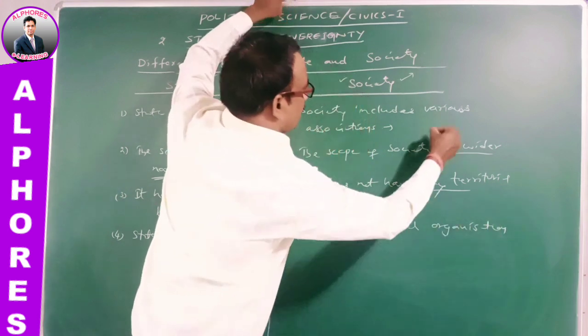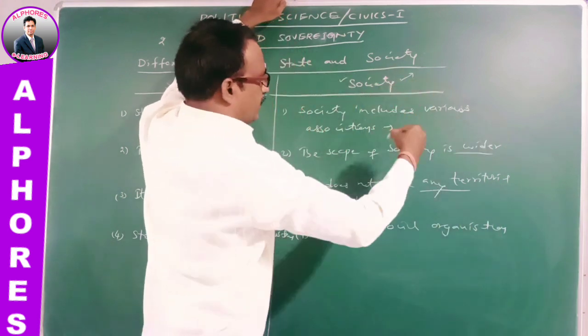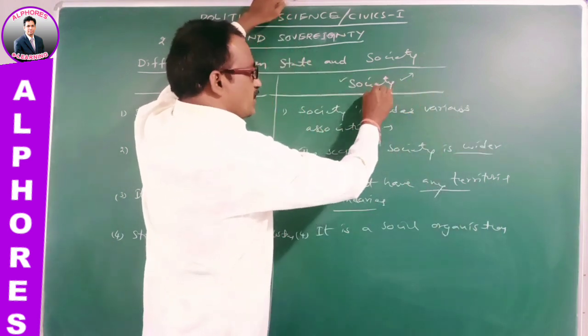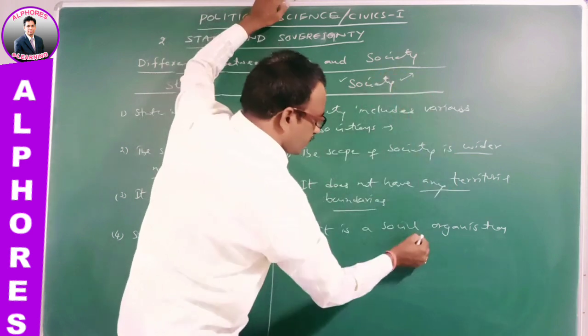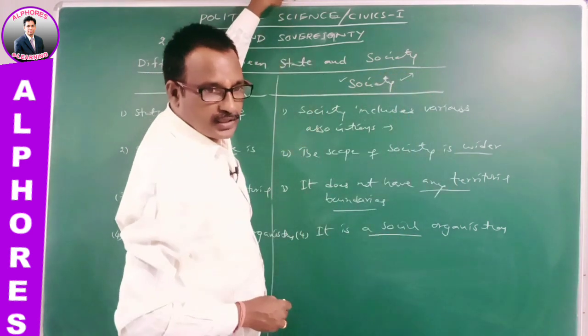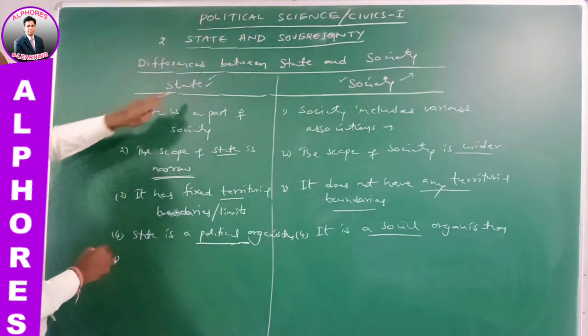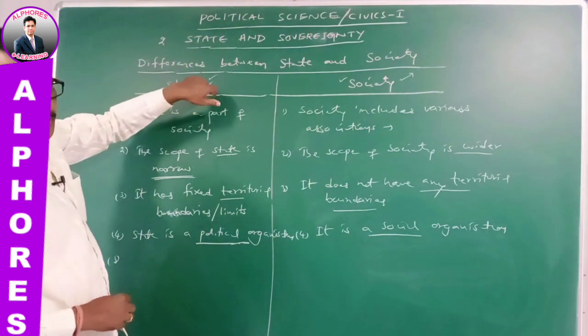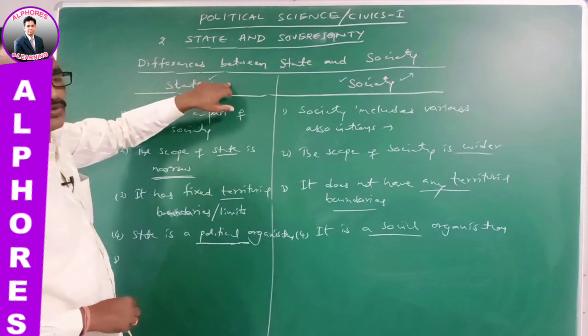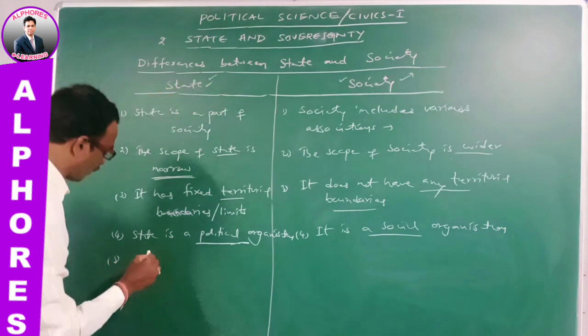Even though there are different types of associations in society, generally its nature is social, hence it is a social organization. Then state is a man-made association because it is formed by individuals, hence it is an artificial organization.